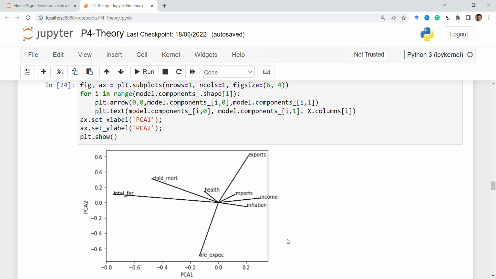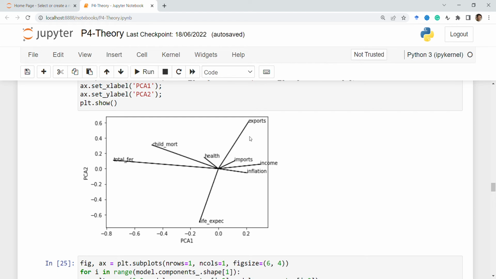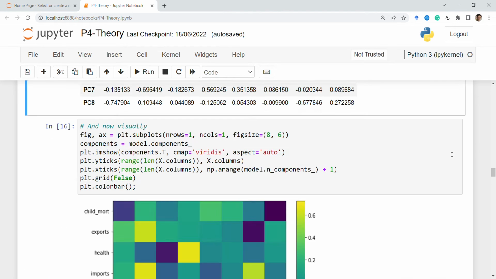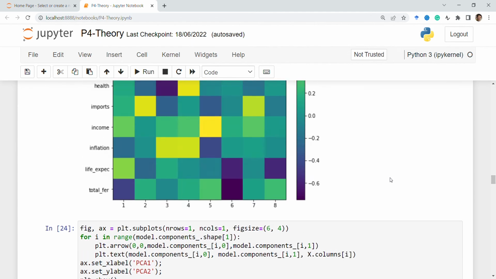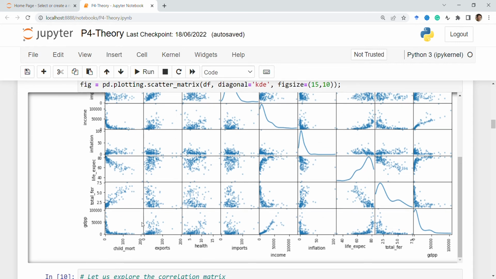But as always, you should be careful with over-interpretation. For instance, if we want to see if this is a real relationship or just an artifact of the projection to a 2-dimensional space, we should go to the scatter plot. We were interested in exports and life expectancy, so we look for exports. Export is here and life expectancy is there. So actually they don't seem to be very much related.